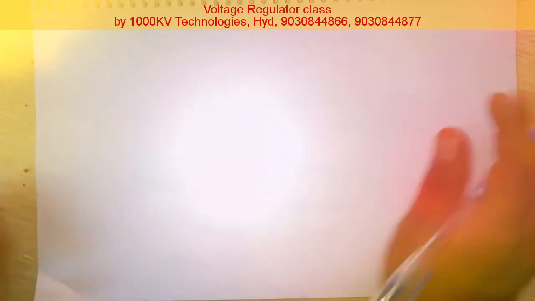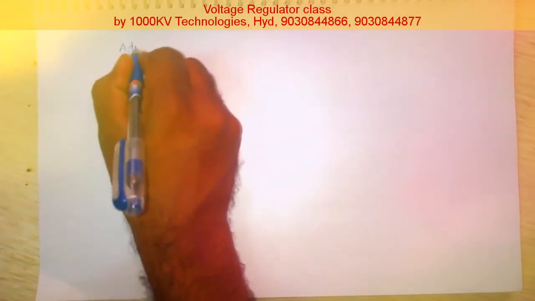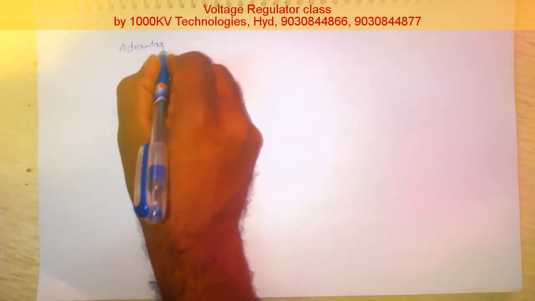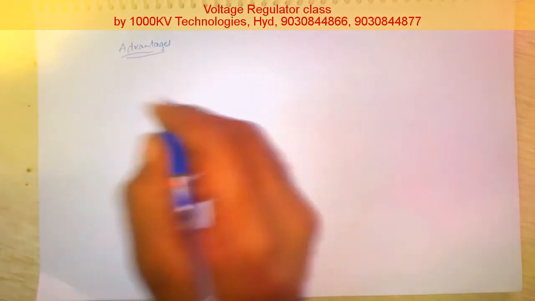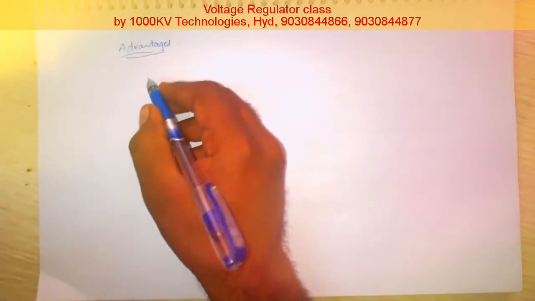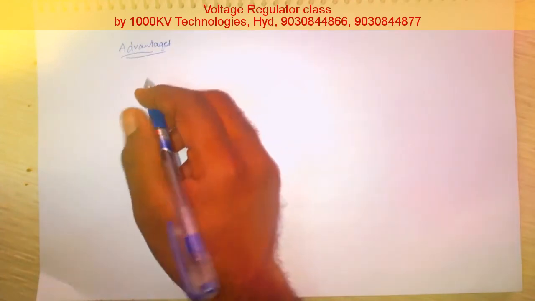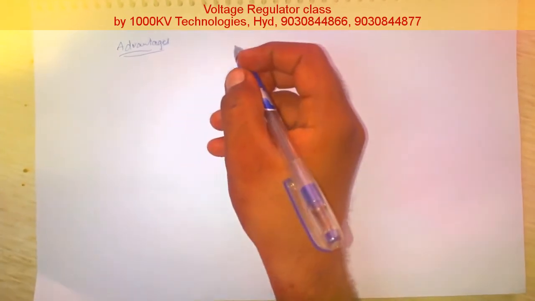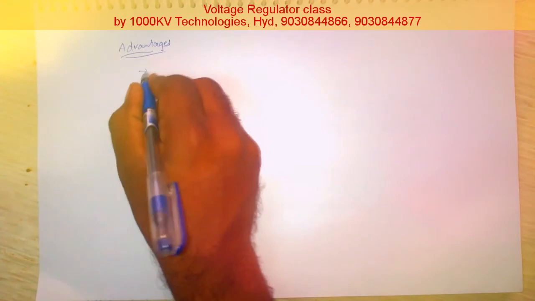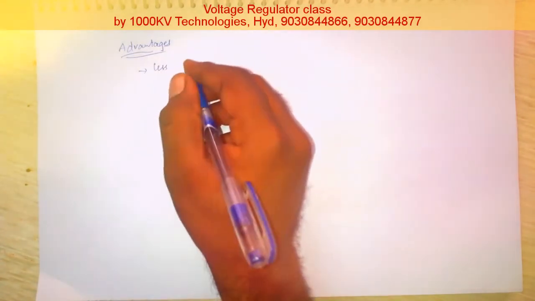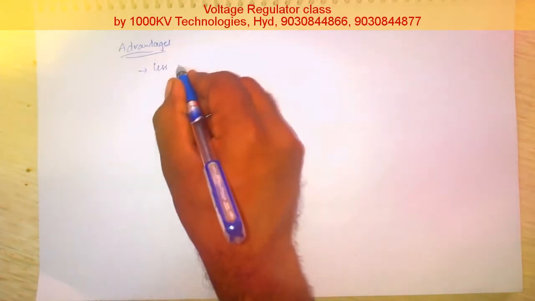And coming to the advantages of these regulators, when you are taking electronic type voltage regulators, there are a lot of advantages. These occupy less space and have less complexity.